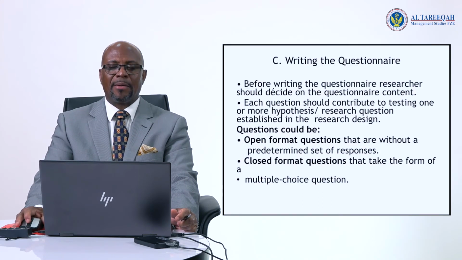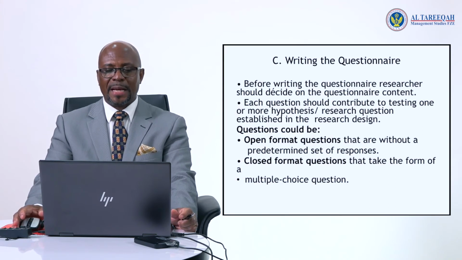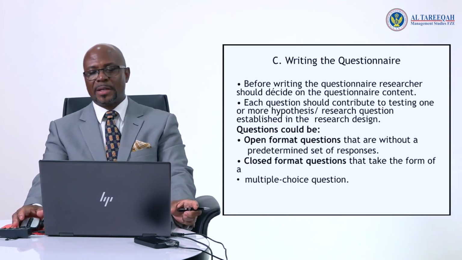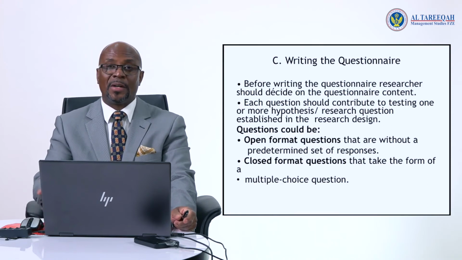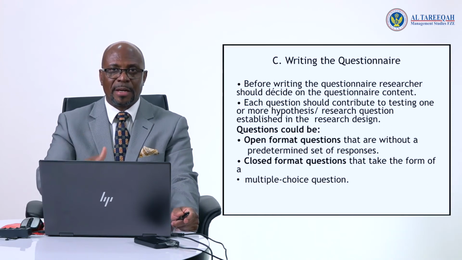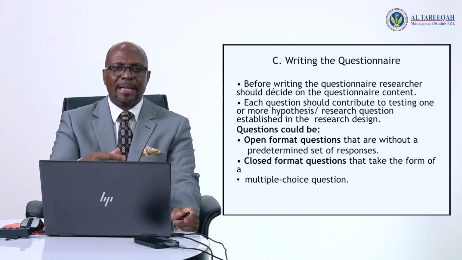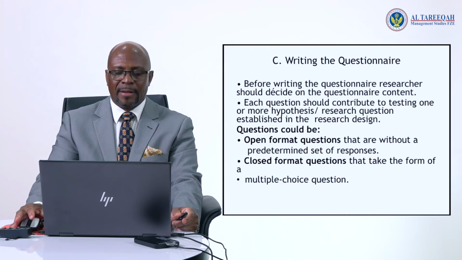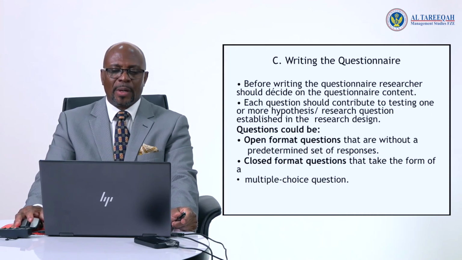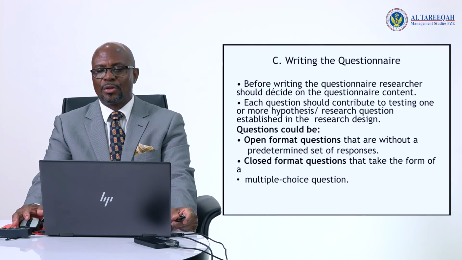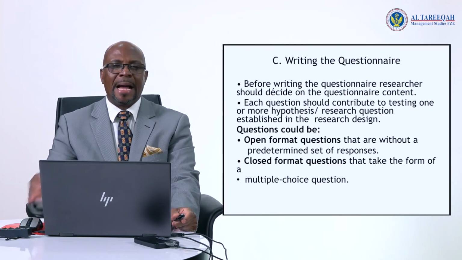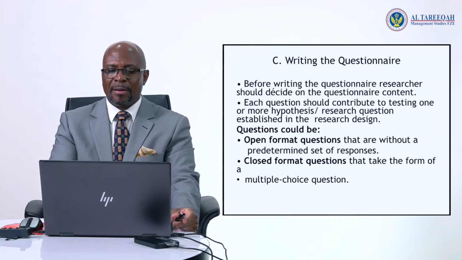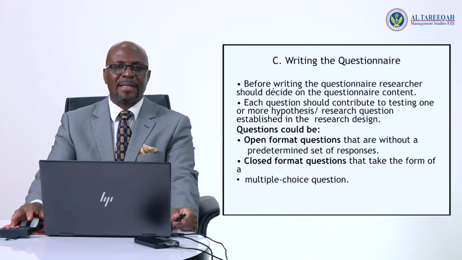Now, in writing the questionnaire, how will you design it? Before writing the questionnaire, researchers should decide on the questionnaire content, like I mentioned, what's going to be there. The most basic format is to use the variables as heads for each section of the survey questionnaire. Each question should contribute to testing one or more hypotheses or research questions established in the research design.